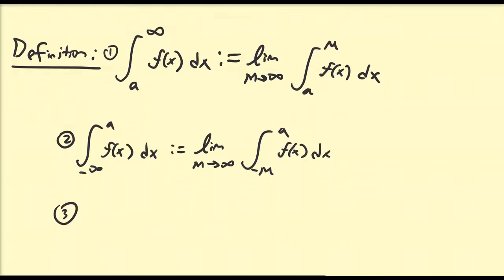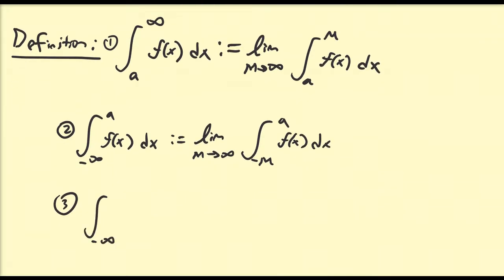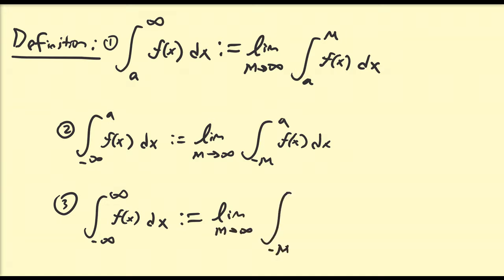And thirdly, the integral from minus infinity to infinity of f of x dx is defined to be equal to the limit as m goes to infinity of the integral from minus m to m of f of x dx. These are the definitions for these three improper integrals.